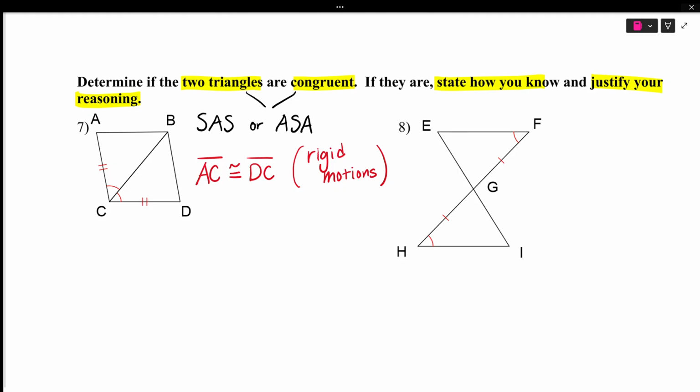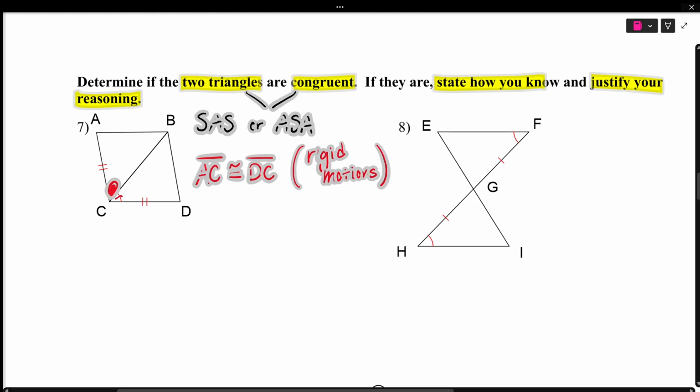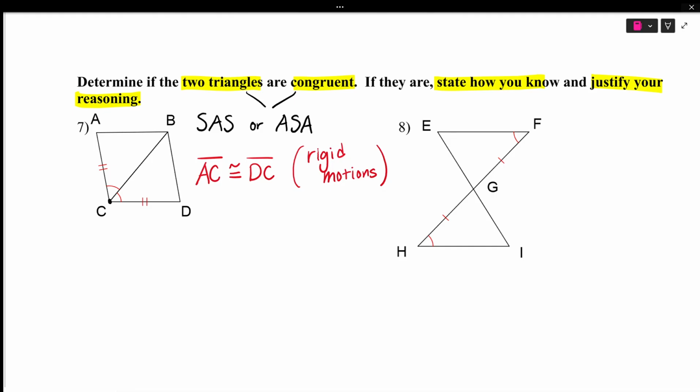The next thing that was given to us was these two angles, this angle and this angle. We know because of the marks. Again, they both share that point C, so we're not going to say angle C is congruent to angle C. I'm going to use a different color. We're going to say angle ACB is congruent to the other angle, which is DCB.